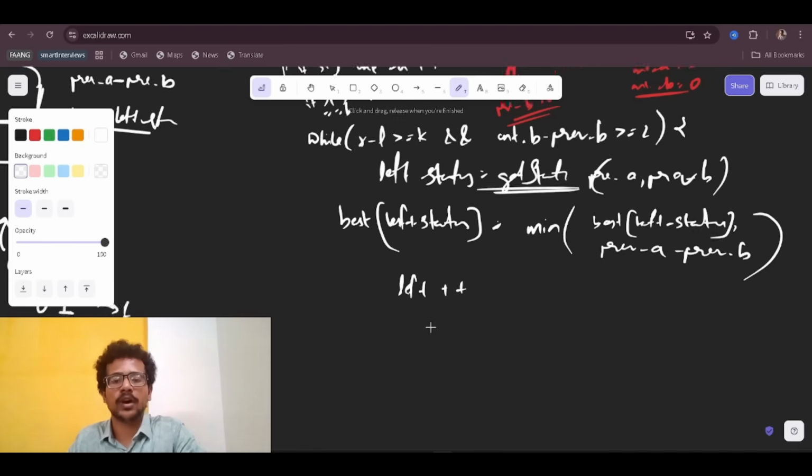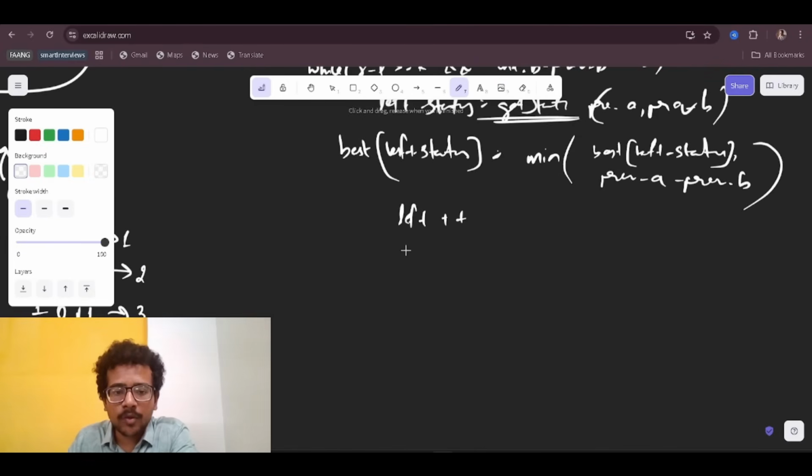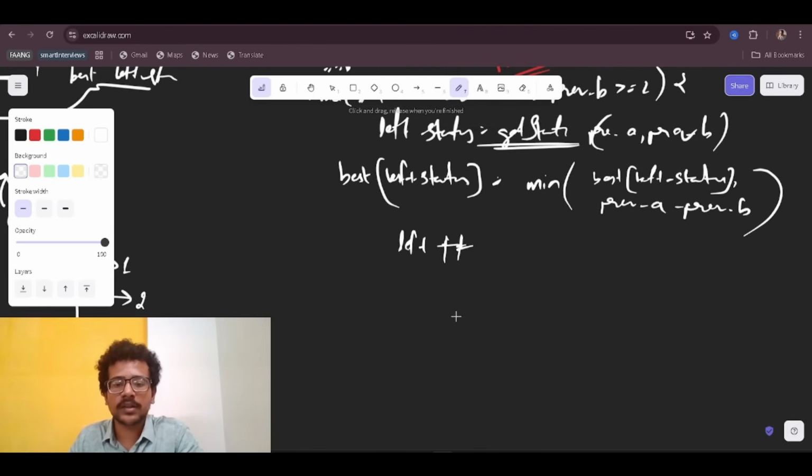Now I would remove this, right? When I am incrementing this left plus plus, then I need to increment the previous A and previous B. Why? Because the left was minus 1. Now it is incremented. If I have double 2 like here, then A should be incremented. The left is here now. Is it A?